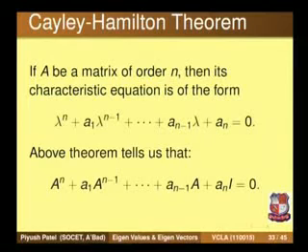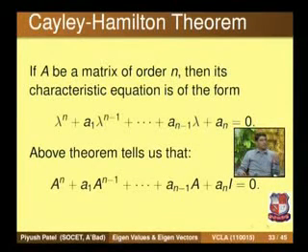Here a1, a2, up to an are constants. Then this theorem tells us that this equation is also satisfied, that is A to the power n plus a1 A to the power n minus 1 plus up to an minus 1 A plus an times the identity matrix is equal to 0. So every square matrix satisfies its own characteristic equation.